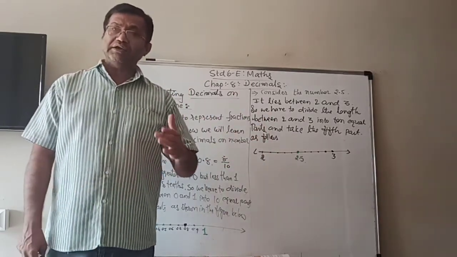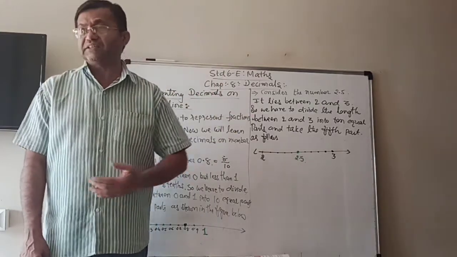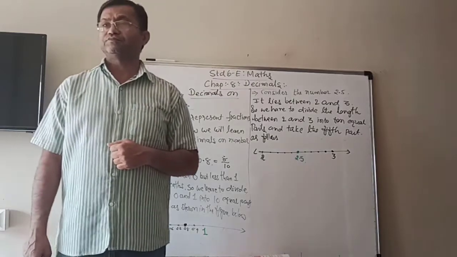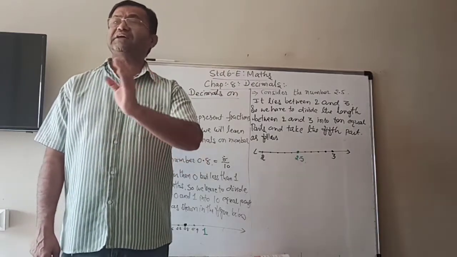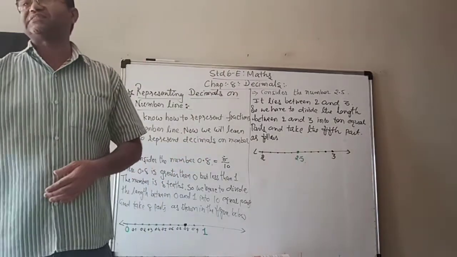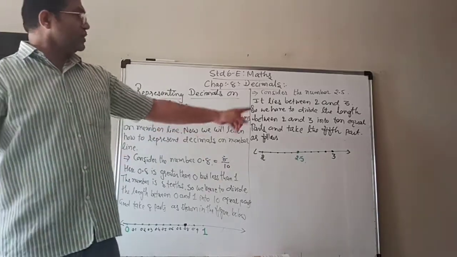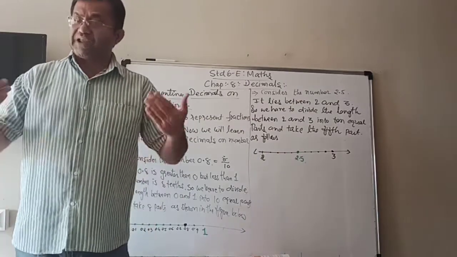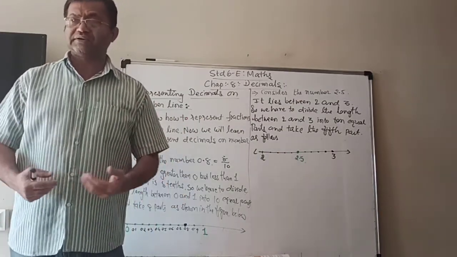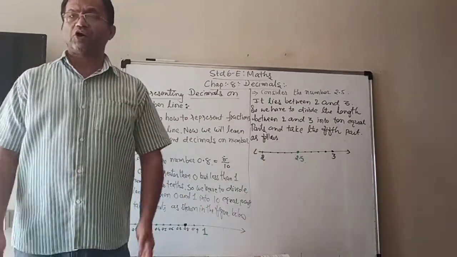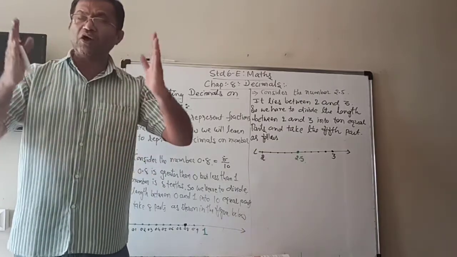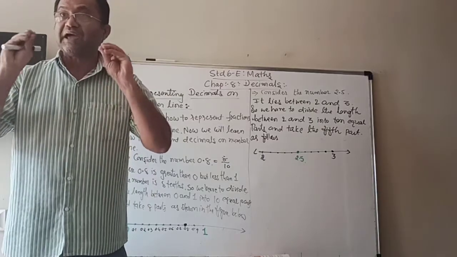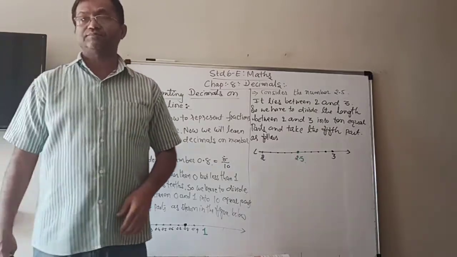But now if the number is greater than that, like 2.5, so now it is greater than 2 because it is 2.5 and less than 3. So it lies between 2 and 3. So now we have to divide the length between the whole numbers 2 and 3 into 10 equal parts.